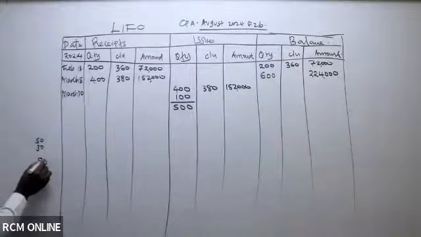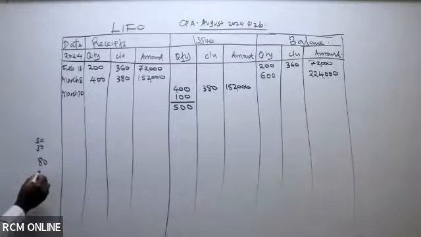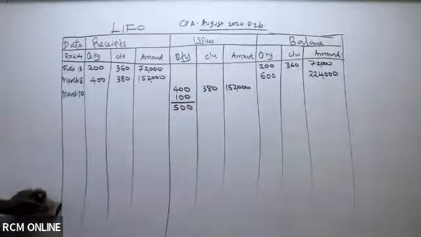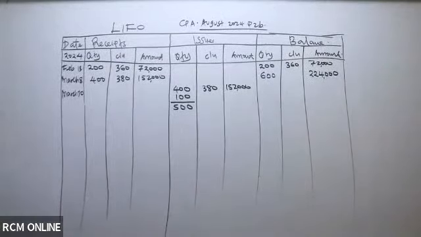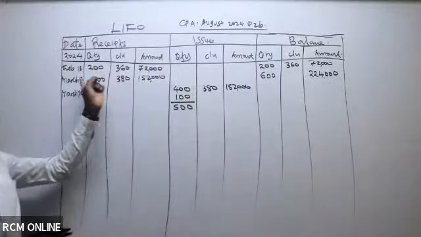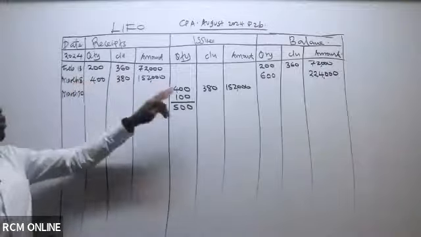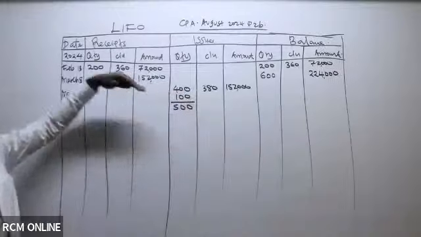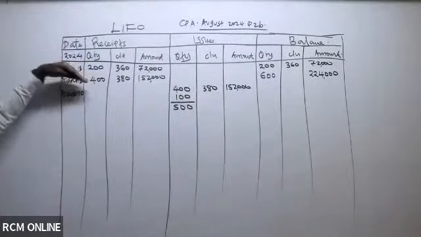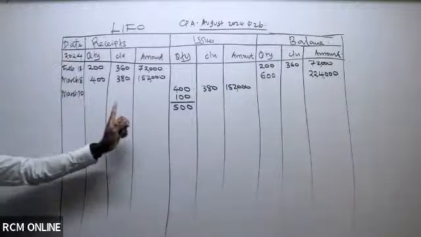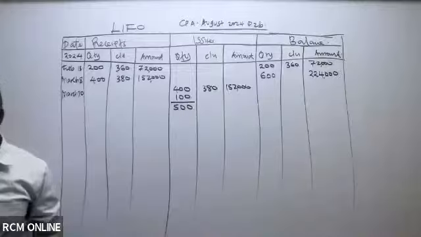John took 80 directly. And of course, Grace had 70 and 10. All these people were having 80 at the end of the day. That is what we are trying to deal with here. At the end of the day, you must issue 500. So I've issued 400, which was brought in on 8th of March. Where will I get 100 from? The goods that were brought in after the 8th of March, that is 13th of February. So what will be the cost per unit for the 100 units?